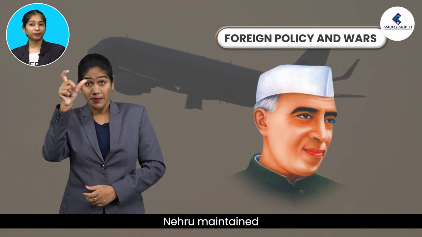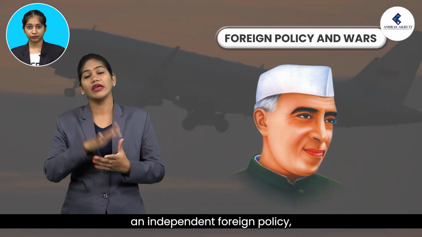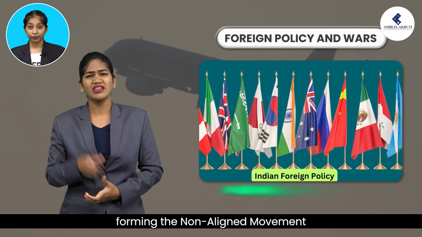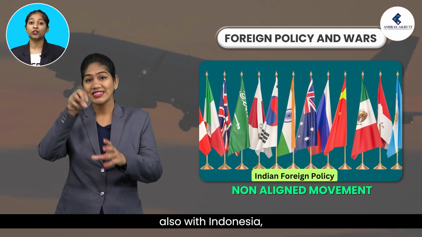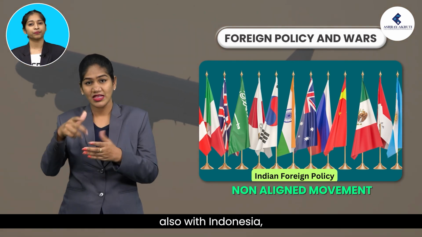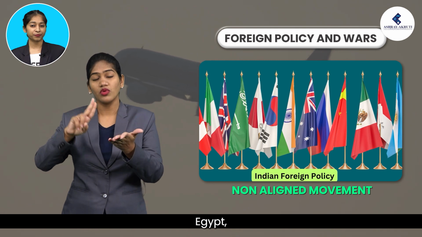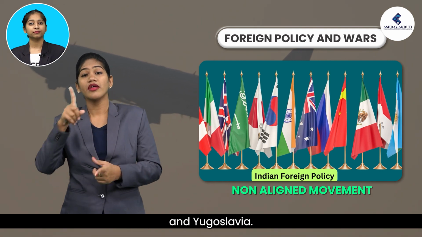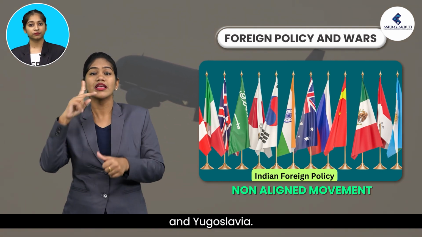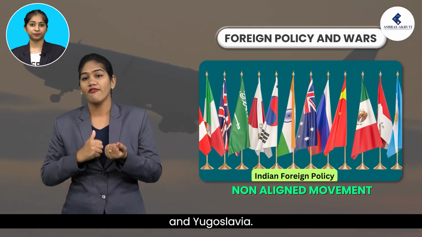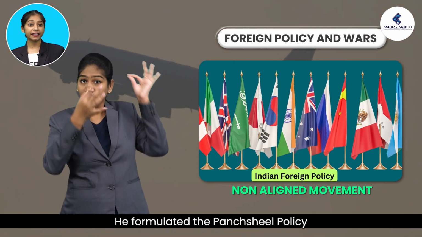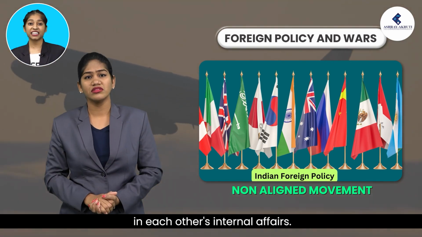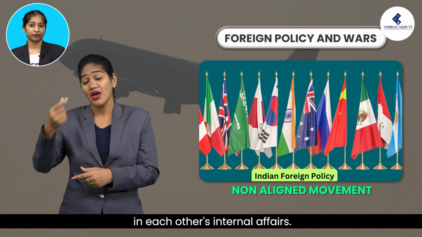Nehru maintained an independent foreign policy, forming the non-aligned movement with Indonesia, Egypt, and Yugoslavia. He formulated the Panchsheel policy of non-interference in each other's internal affairs.